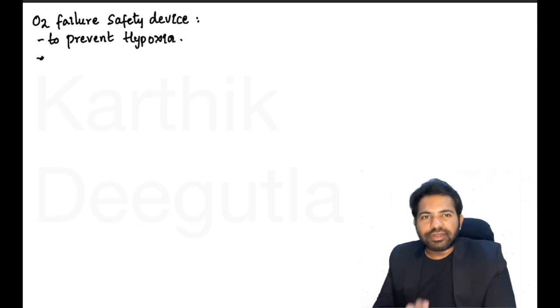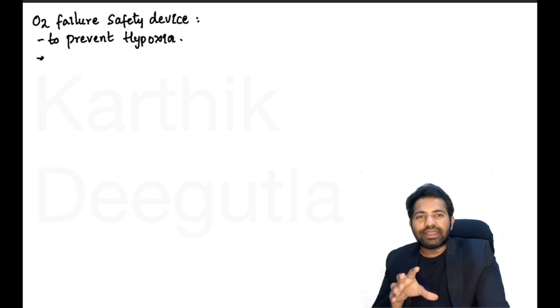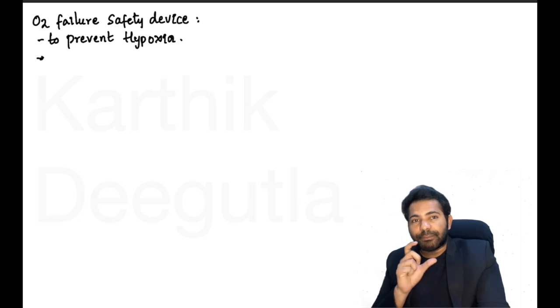Whenever the oxygen pressure falls below a manufacturer specified level, the minimum oxygen concentration is maintained. For example, about 19% oxygen concentration will be maintained at the common gas outlet when the pressure falls below the manufacturer specified minimum.